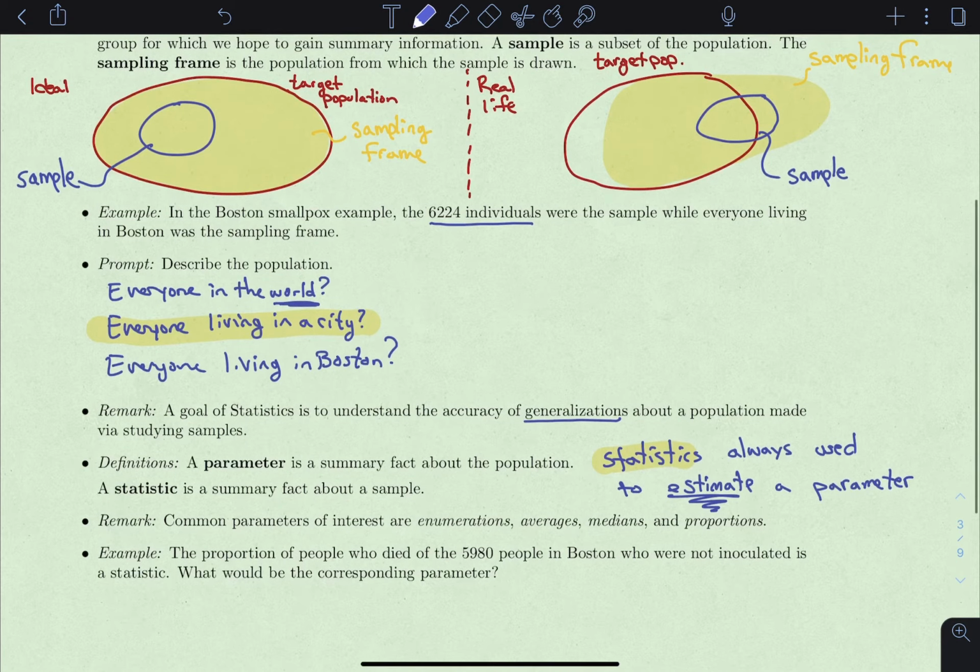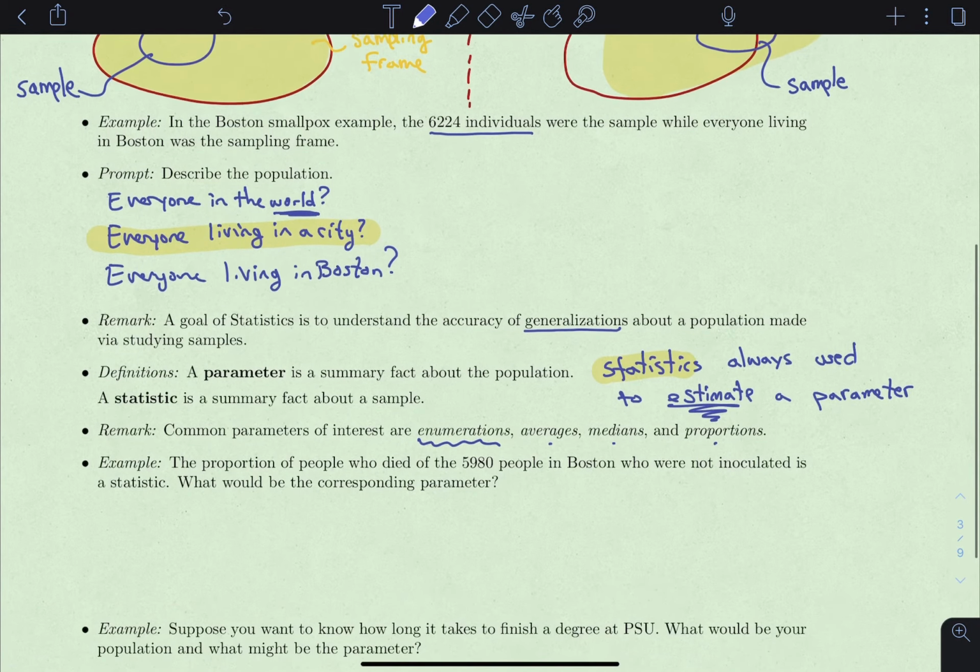So we've already met all of the common statistics. We've talked about enumerations in the previous videos, and averages, medians, and proportions have come up earlier. But they're just numerical summaries about a group of individuals. And they're all one number, but they're attempting to summarize information about an entire group.